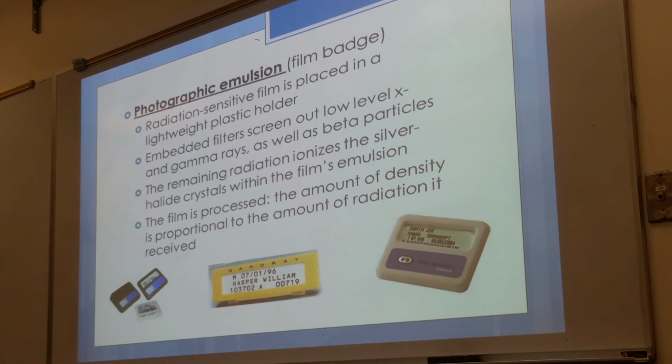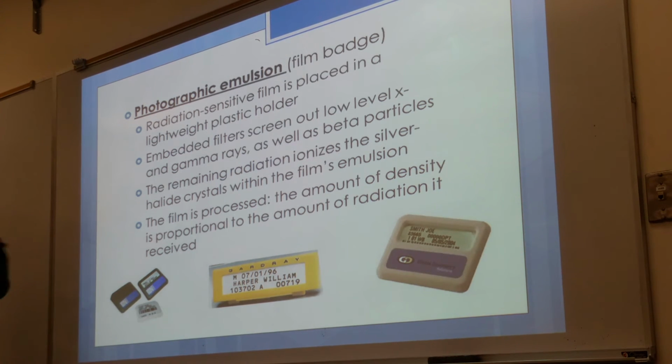Photographic emulsion, your film badge. Okay, this is a monitoring device. It is radiation-sensitive film that is placed in a lightweight plastic holder. Within this plastic holder, you have different filters to filter out any weird readings.